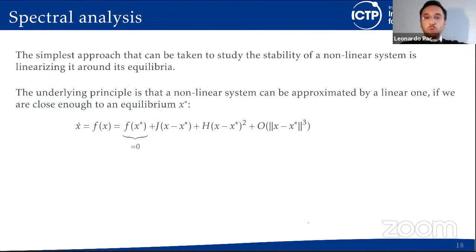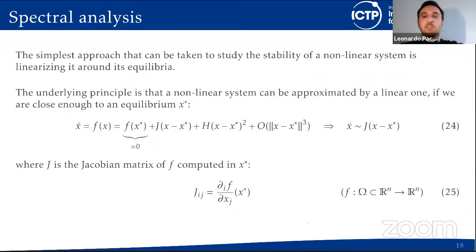And what we would like to do is basically approximate our nonlinear system with the linearized one, where this J here is called the Jacobian matrix, and is basically the matrix of the partial derivatives of this function computed in the equilibrium. Of course, this is a matrix if we are considering a system in more than one dimension, but if x is just a simple one-dimensional variable, this is just the partial derivative of the function.